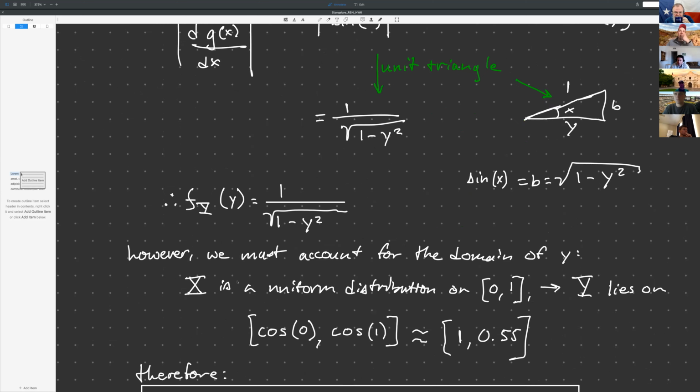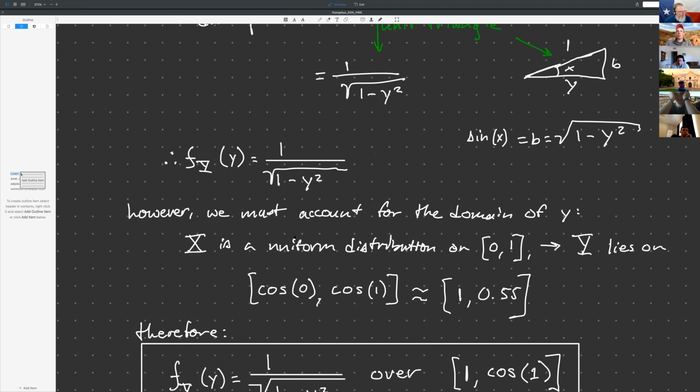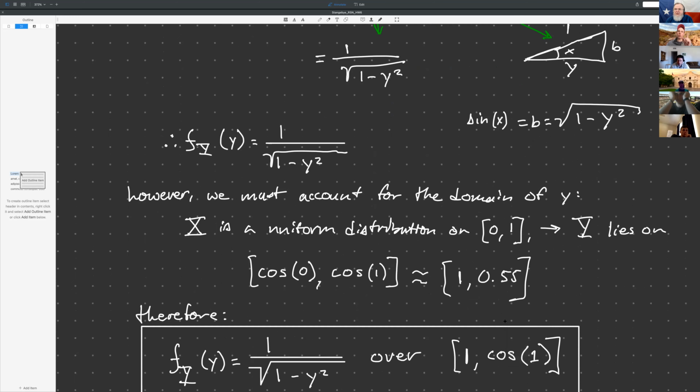And I had to do a lot of points to get a nice curve fit. But anyways, so we have f sub y of y is 1 over the square root of 1 minus y squared. And like we just talked about, we have to account for the domain shift. So the distribution in y goes from 1 down to roughly 0.55, which is the cosine of 1.